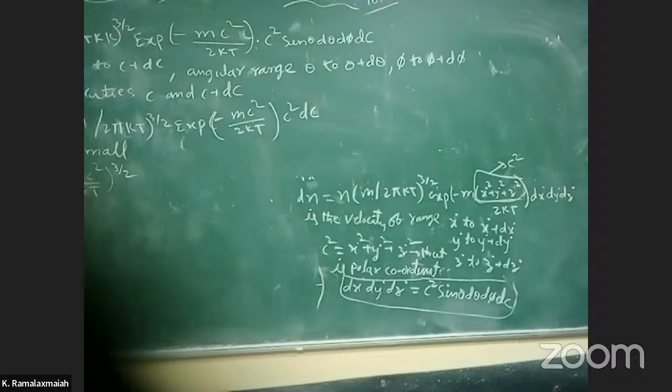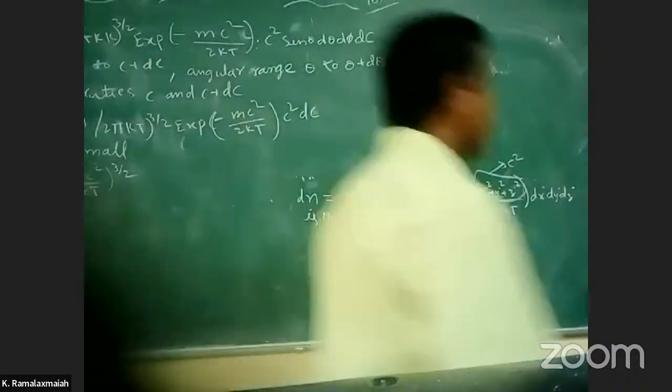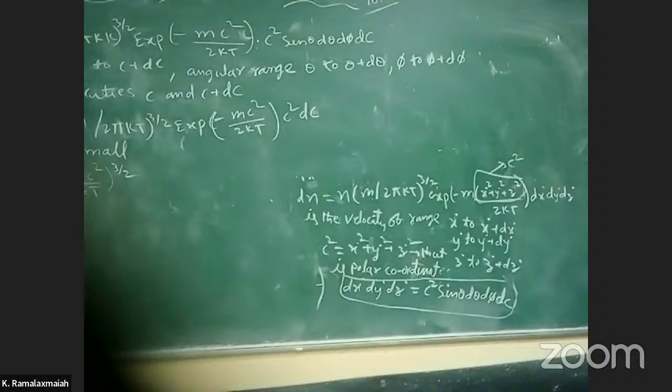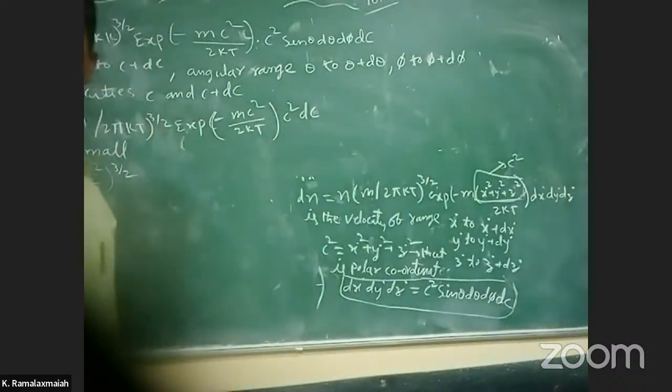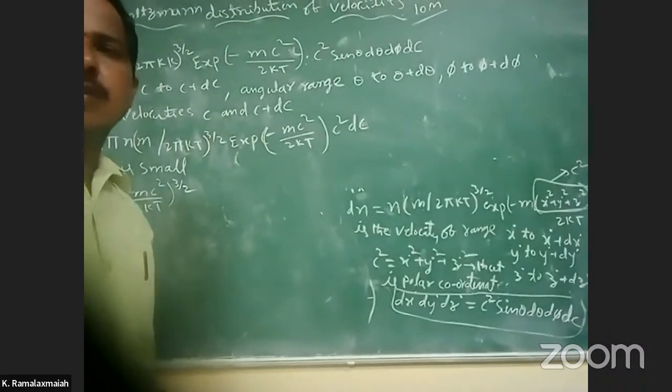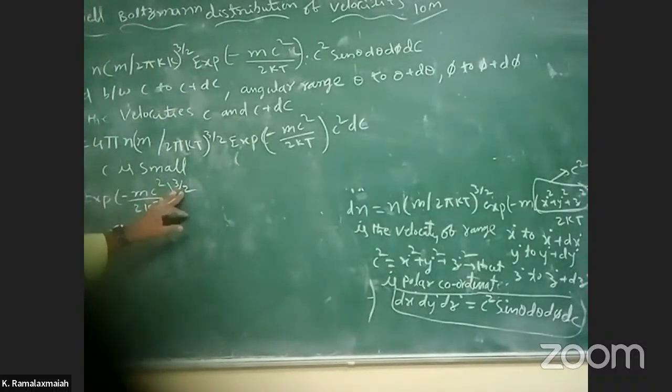So you write that one: directly proportional to c square.